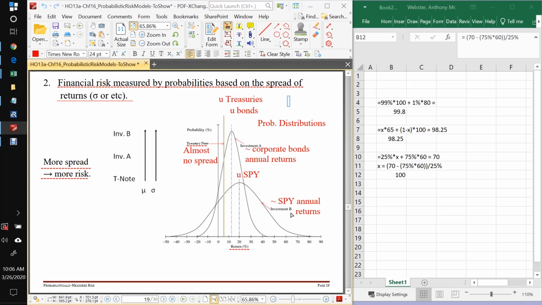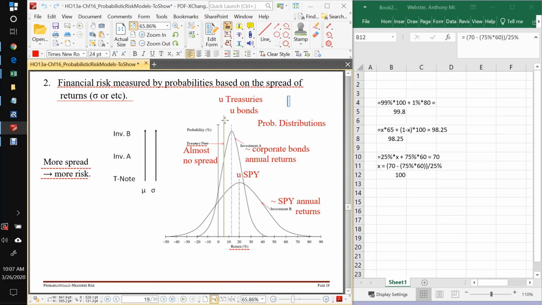So this is our classic risk-reward trade-off. The more risk we take, the more spread we have in our returns, the higher the probability that we could have a very bad outcome, the higher the reward on average measured by expected value.